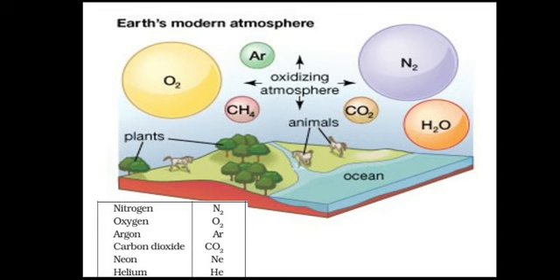Does air have any components present in it? Yes, obviously there are molecules present in the air. In your air, you have oxygen, nitrogen, carbon dioxide, neon, argon, helium, and droplets of water. Okay, my dear children, these are the components present in your atmosphere, in the air.